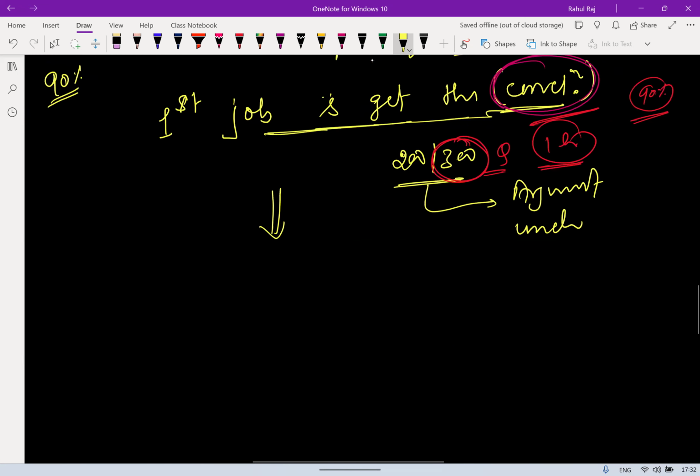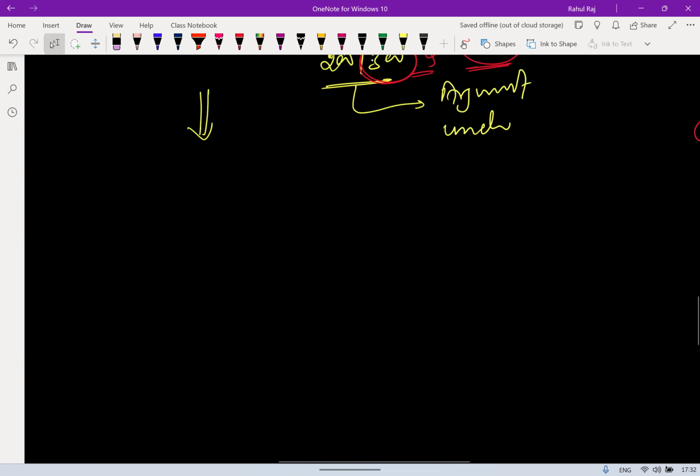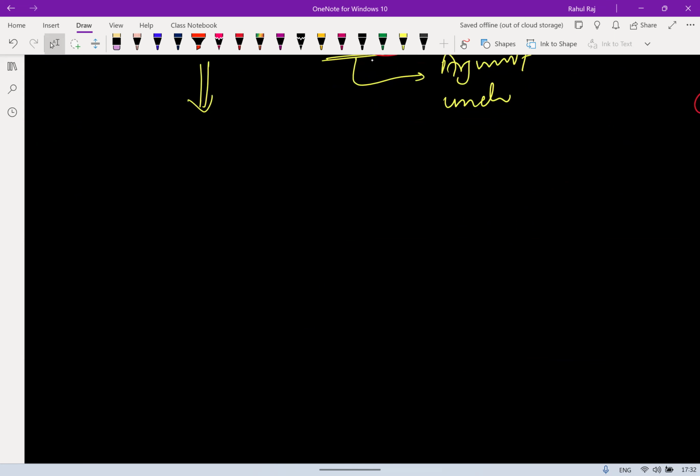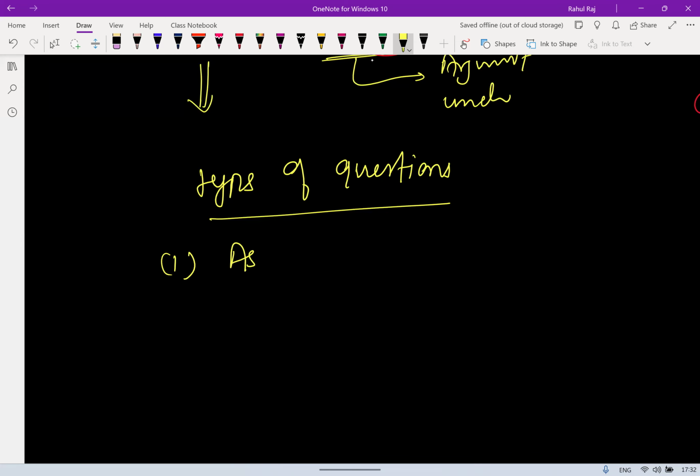So let's come to the next thing: what are the types of questions that could be asked in CR? The types of questions that could be asked in critical reasoning. The first one is assumptions. Second is evaluate.